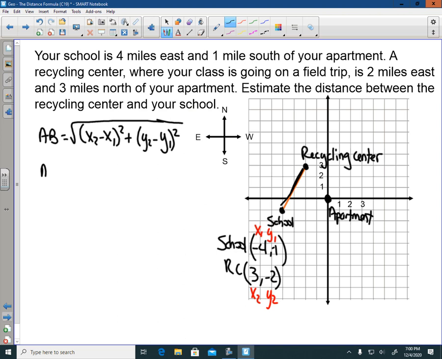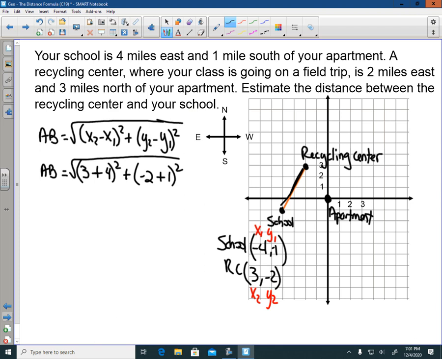So the distance between the 2 points, and we're just calling them generally A, B, is going to be the square root of x2, which is 3, minus, oops, I forgot my parentheses, 3 minus x1, which is negative 4, so 3 plus 4 squared, plus y2, which is negative 2, minus y1, so minus negative 1 or plus 1 squared. Just put the numbers right in.